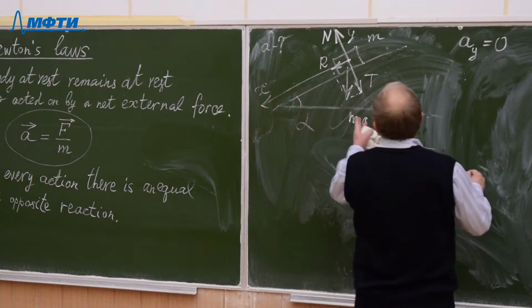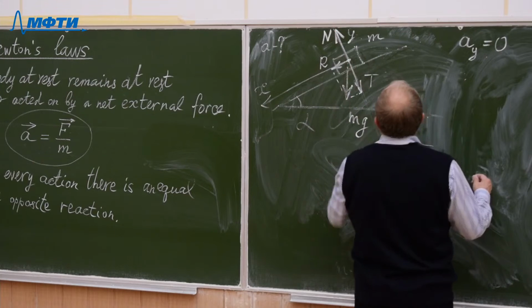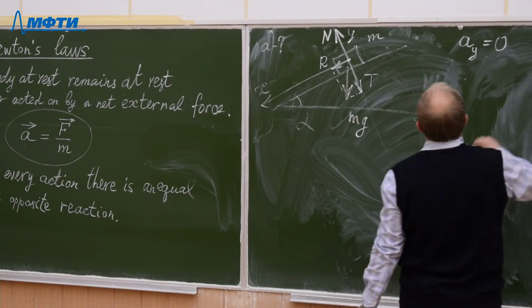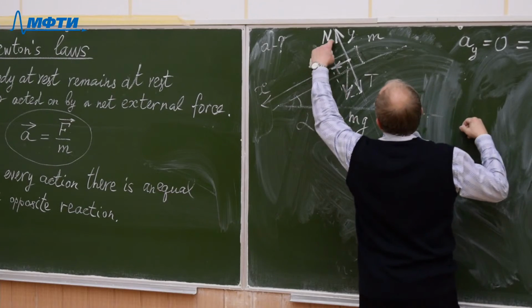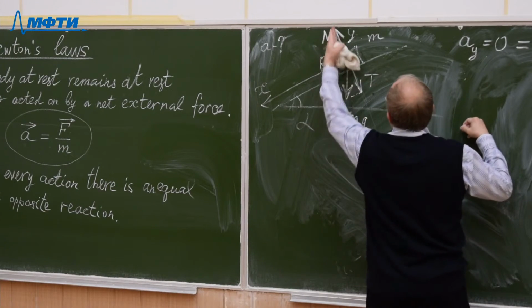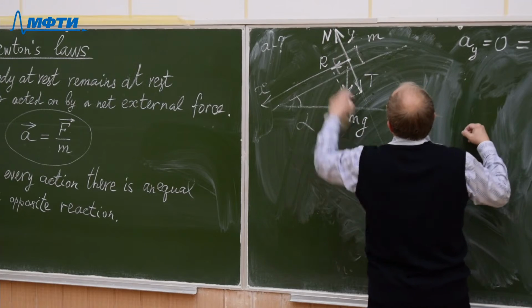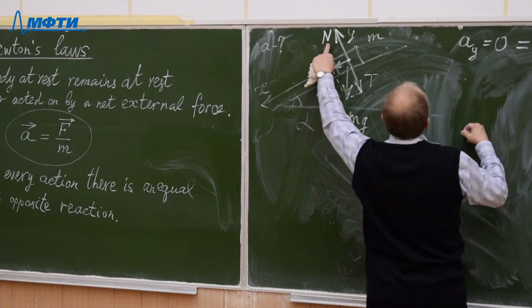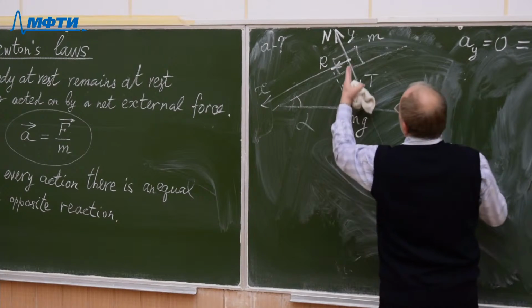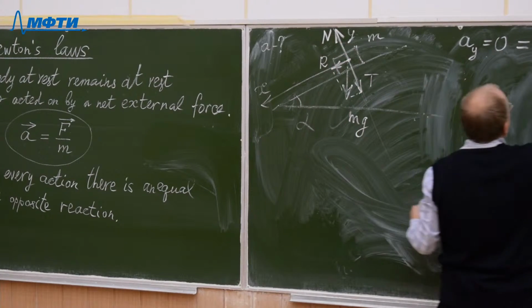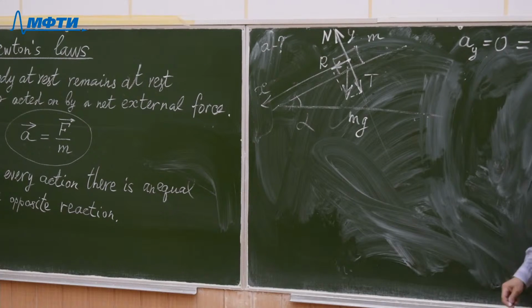If there is no acceleration along the y-axis, then 0 shall be the vector sum of all vectors directed along the y-axis. And we have only two vectors here, n directed upward and t directed downward in the opposite direction.